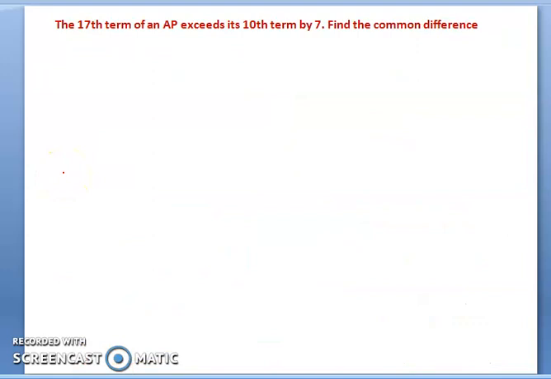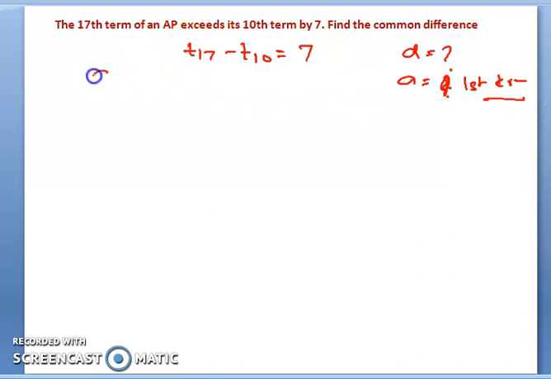Now the question is: if the 17th term exceeds its 10th term by 7, that means T17 minus T10 is equal to 7. Now they ask us to find the common difference. And what is the first term? It is not given, so I will assume A is your first term. Now T17, how can we write it? A plus (17 minus 1) into D. Take the bracket because it is a negative sign.